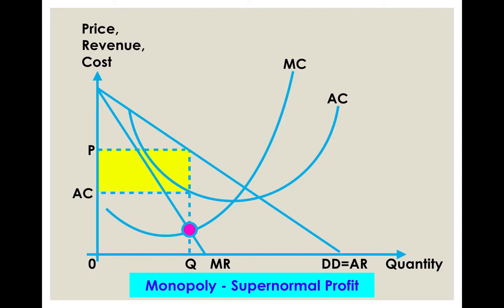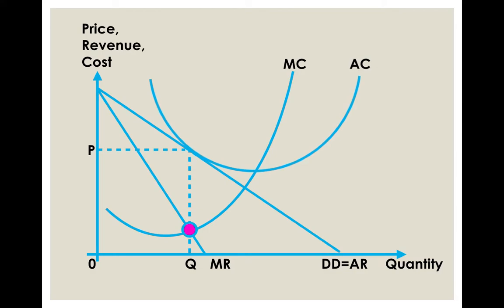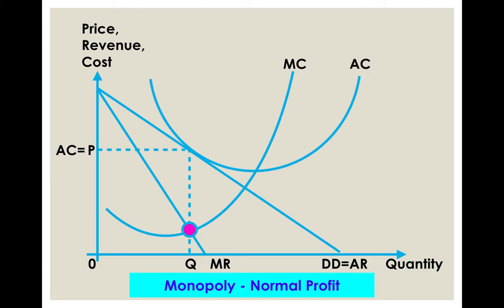All we need to do is to shift the AC curve upwards, until it is tangent to the demand curve. Again, when we illustrate the AC curve as such, this means that the total revenue earned by the firm is equivalent to the total cost incurred by the firm, and the monopoly will be said to be enjoying normal profit.